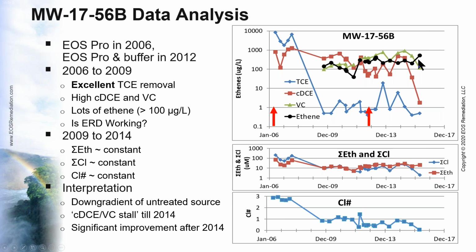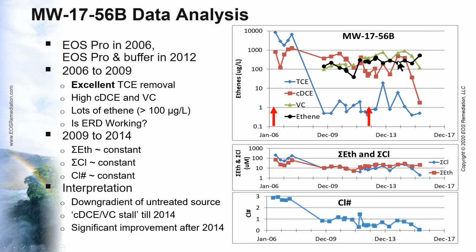We're making a boatload of ethene. So this isn't exactly stall, but it certainly doesn't look like we're making a lot of progress there. So to a certain extent, it's hard to dig out whether this is doing really good or not so good.